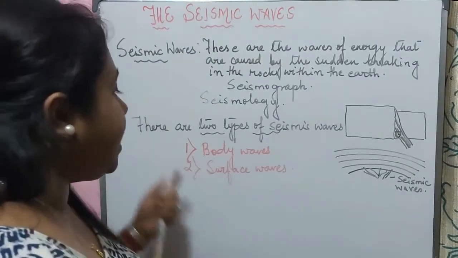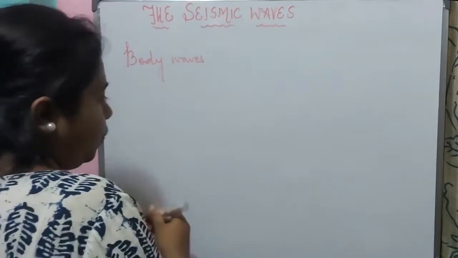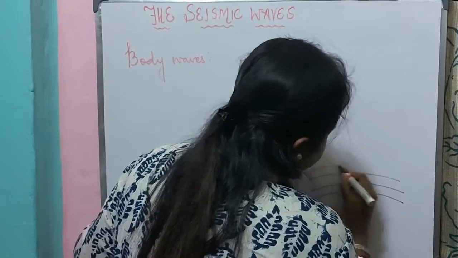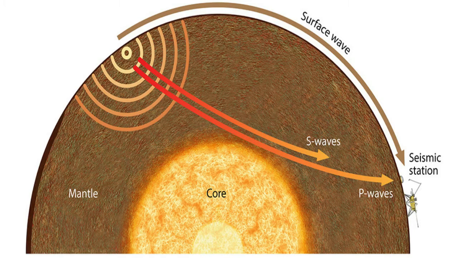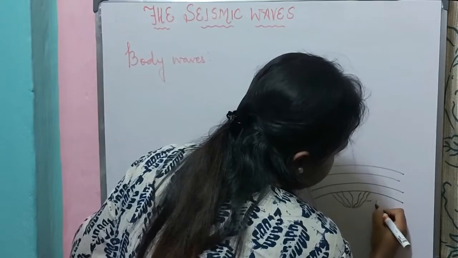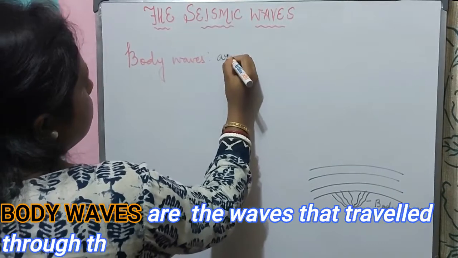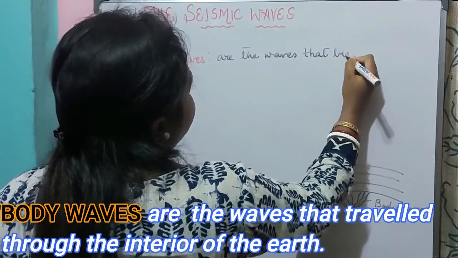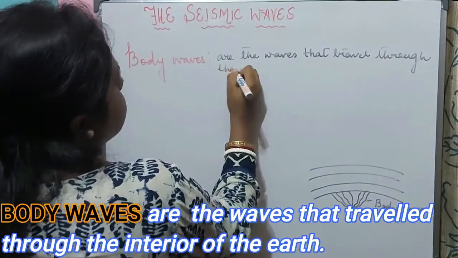Now let us understand the body waves. What are body waves? The waves that travel through the interior of the earth are known as the body waves. So body waves are the waves that travel through the interior of the earth.